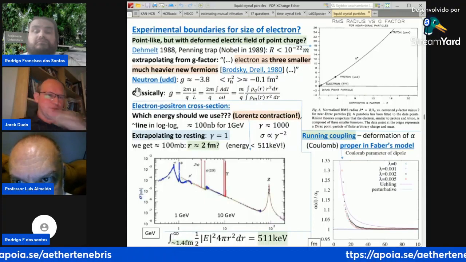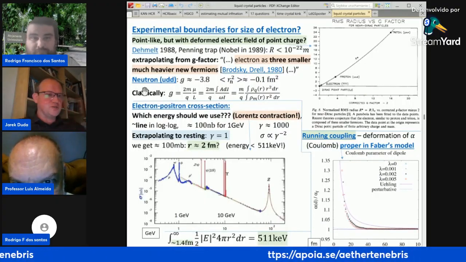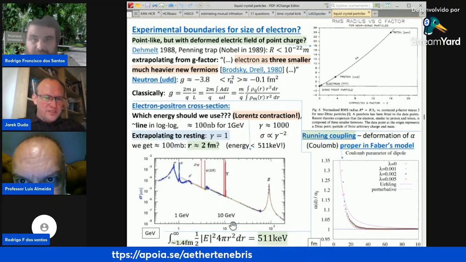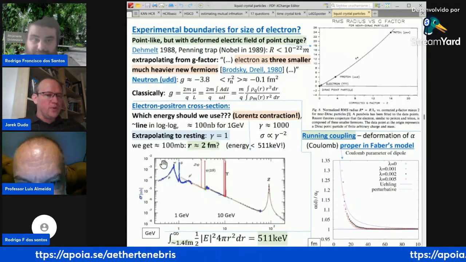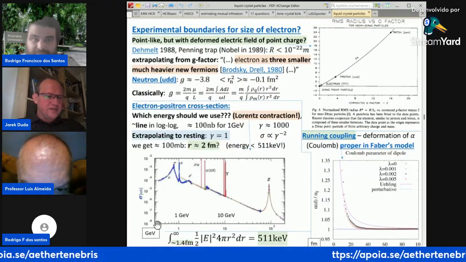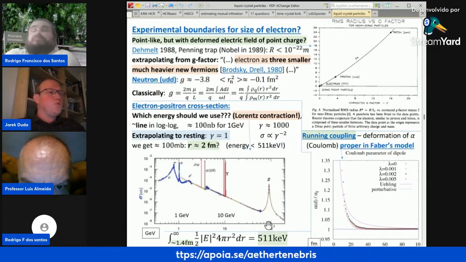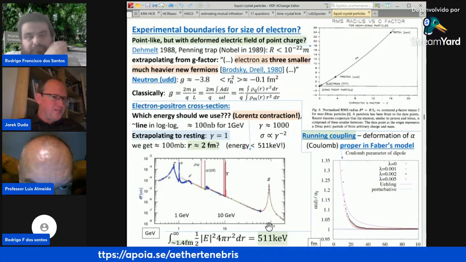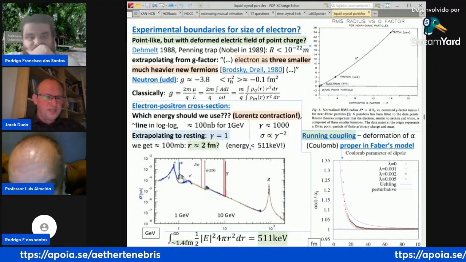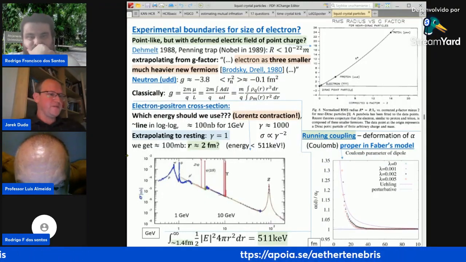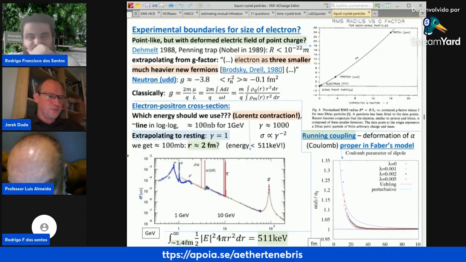The most serious, I think, is the electron-positron cross section, and here is this cross section for electron-positron. Here we can see that there is a line in a log-log plot, but this is at very high energy. This is GeV, so this is 10 GeV, 100 GeV. But we are interested in the size of the resting electron. So we should take this line and extrapolate it to the resting mass, 2 times 511 keV, of a resting electron plus positron.